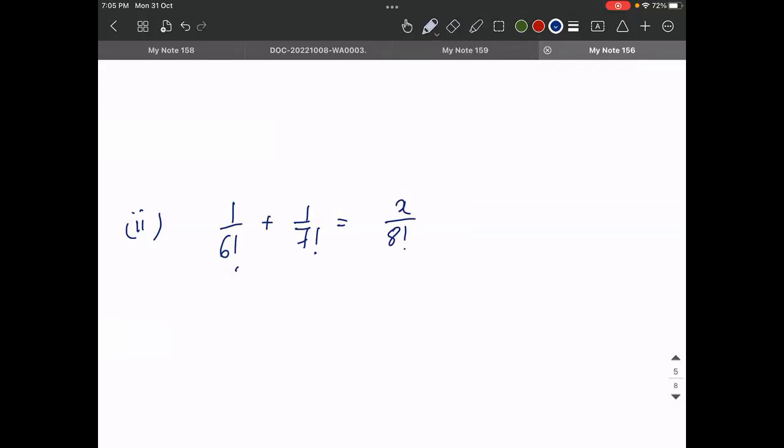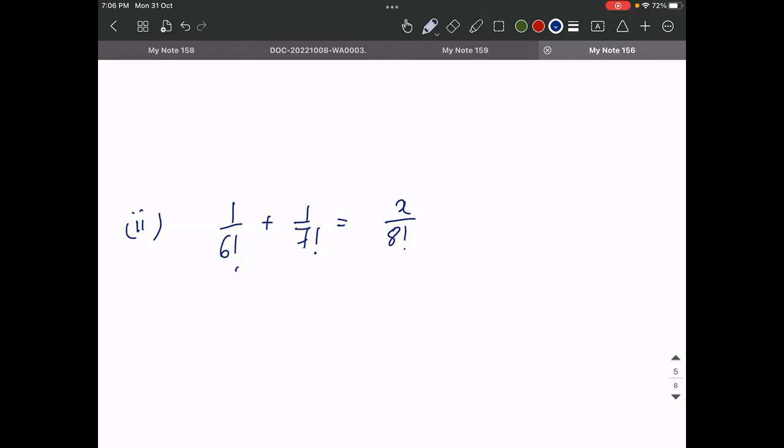See, mathematics is all about practice. If you won't practice, see, Murali, what happened?